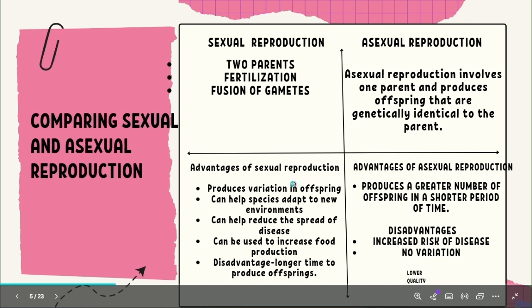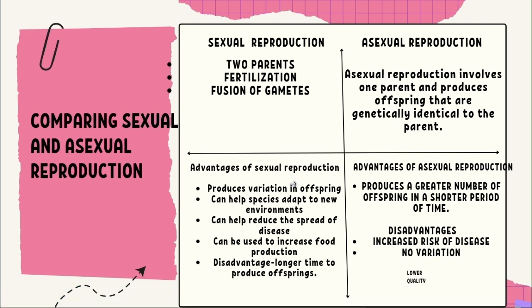But look at it like this. If there is no variation in asexual reproduction, right? And let's just say that there's a disease, and this plant does not have the mechanism to fight off the disease, the plant is susceptible to the disease.